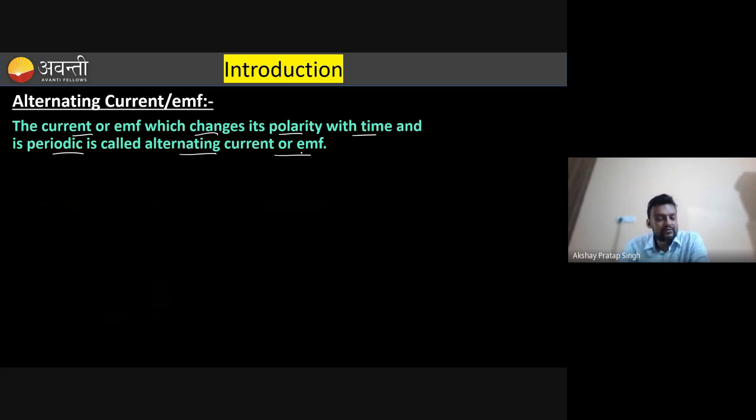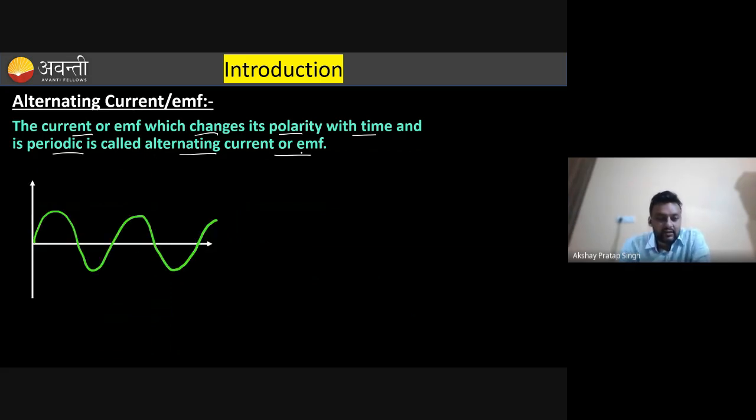For example, you have seen the sine function and the cosine function, the graph of sine and cosine. So let's look at that. If this is current or EMF, you can take it as EMF, and this is time, then you can see that the current is varying continuously with time. And after fixed time periods, its polarity is changing. This is a function of sine. Clear?